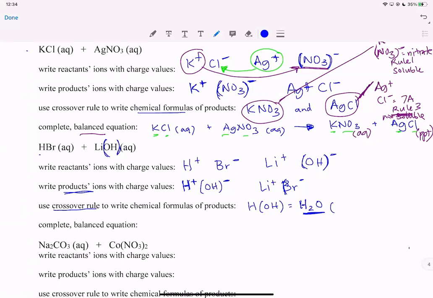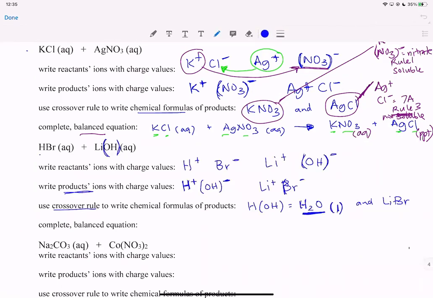And this water has the physical state of L. Even though there are many liquids, those liquids are usually aqueous solutions, where something is dissolved in it. Water gets a special designation: it is the L physical state, liquid, because there's nothing dissolved in it. And then you have LiBr. LiBr has no numbers to cross over and down, so you just get rid of the plus and minus signs.